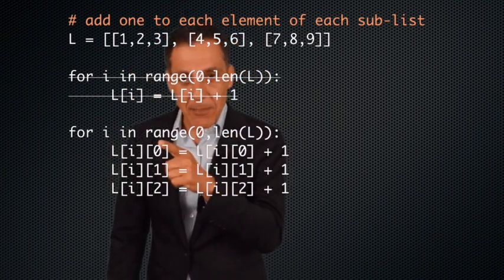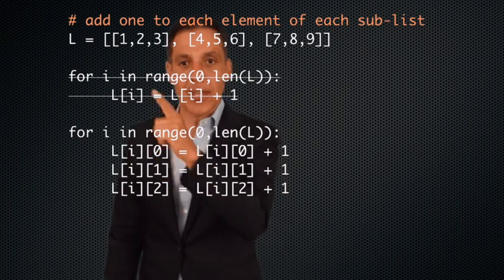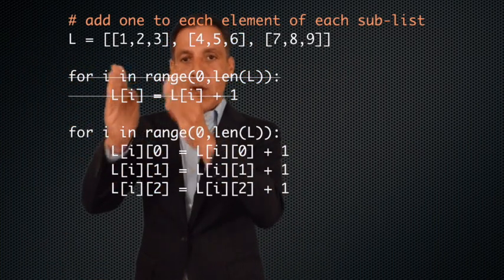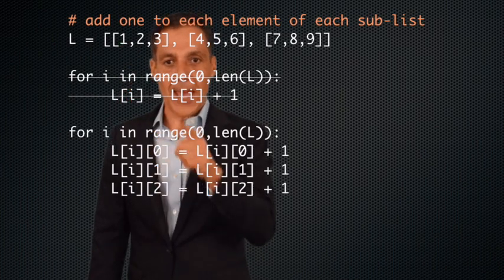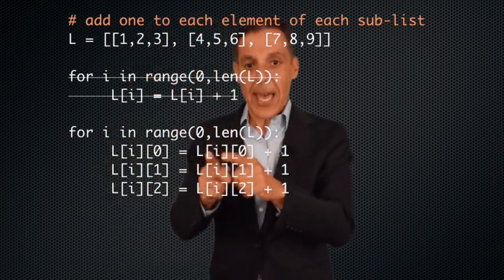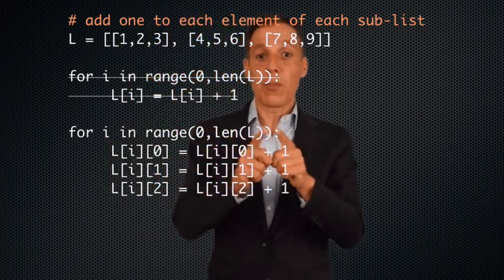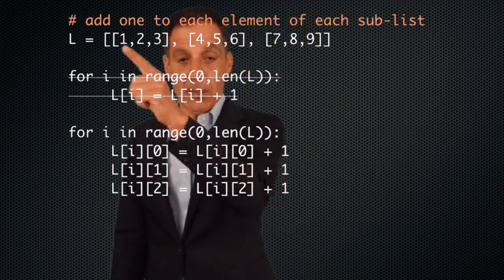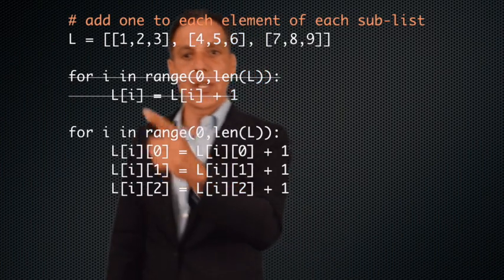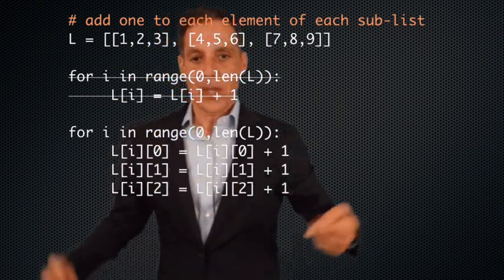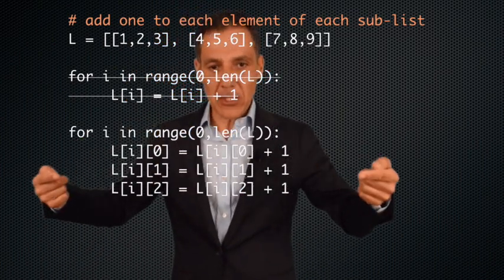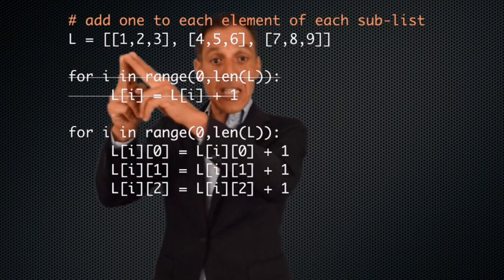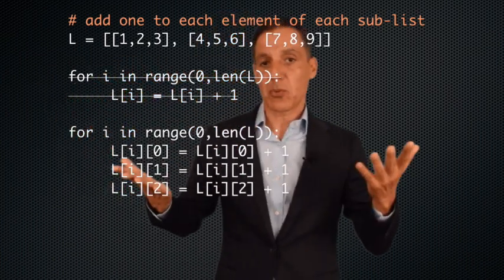And now I'm tapping into the 0th element right there, which of course is 1. So I'm saying L sub 0 sub 0, that's 1, equals L sub i sub 0 plus 1. Good. What is L sub i sub 0? It's a number. A number plus a number is a number, and I shove it in right there. So that line of code looks good. And then I'm just grabbing the next element and the next element. Since each of these has 3 elements, this works beautifully.